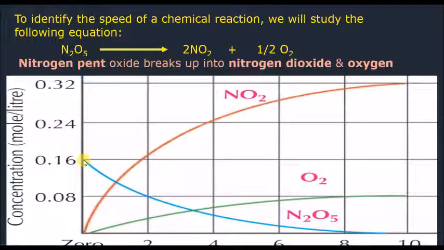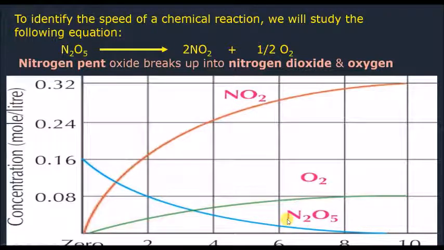The concentration of N2O5 is the maximum, the highest, or 100% at the start of the reaction, while the concentration of both O2 and NO2 is 0, the minimum. As time passes, the curve of N2O5 decreases and the curves of O2 and NO2 increase. At the end of the reaction, there is a maximum concentration of O2 and NO2 and 0 concentration of N2O5.